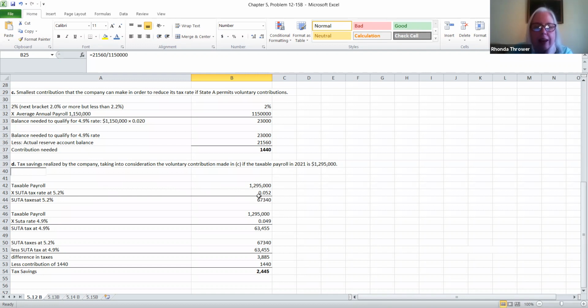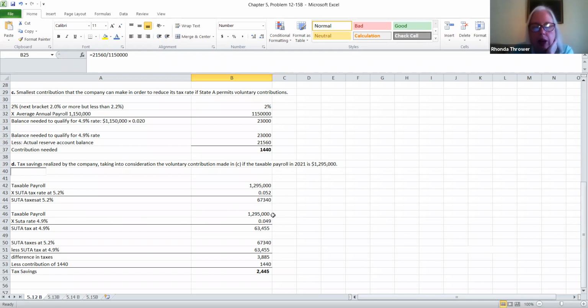So the amount of taxes at 5.2% is $67,340. If we take that same taxable payroll and multiply it by the bracket that gave us 4.9%, because we made an extra contribution of $1,440, we were able to go to the lower bracket of 4.9%.